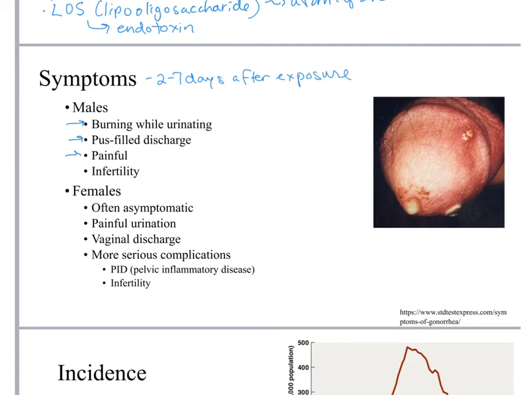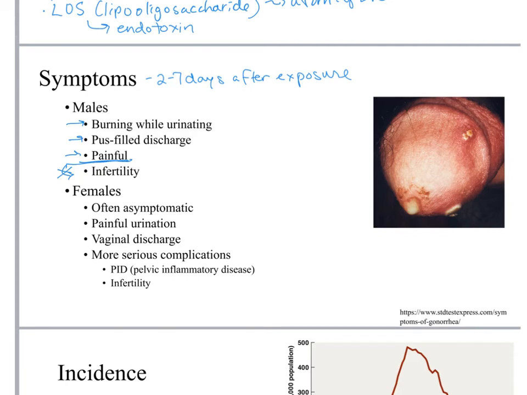So typically, because they seek treatment, because it's so painful, it does not get to the point of causing infertility. Typically it doesn't get to the point where it's disseminating and causing other wide-ranging effects like arthritis and skin rashes and even endocarditis, so some crazy stuff. Again, get treatment and you don't get to that part.